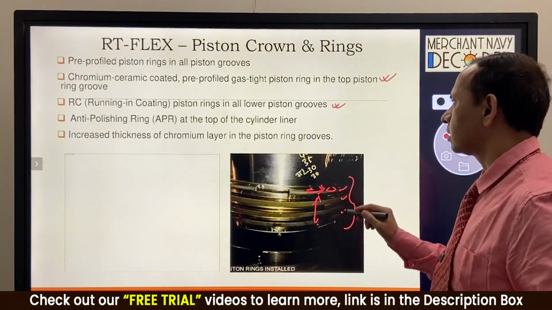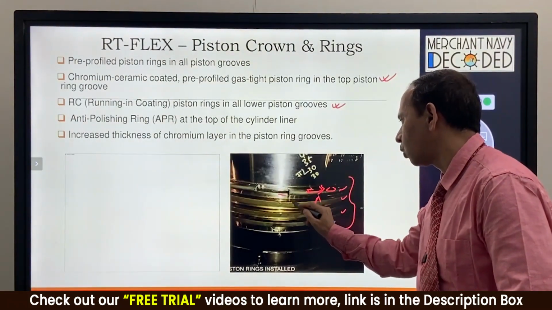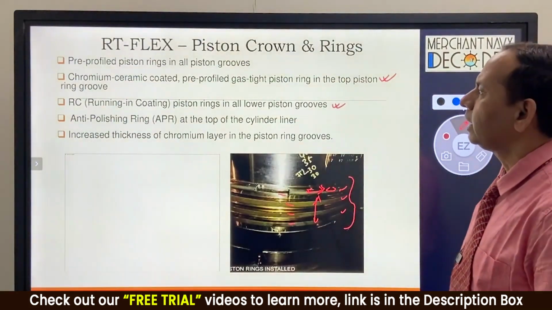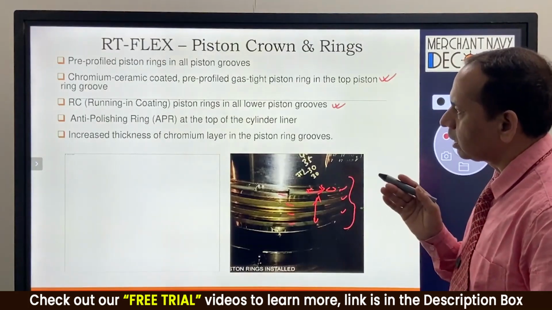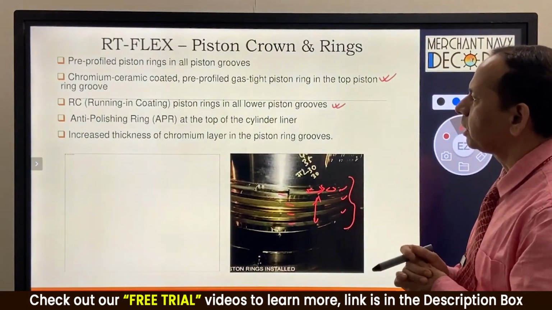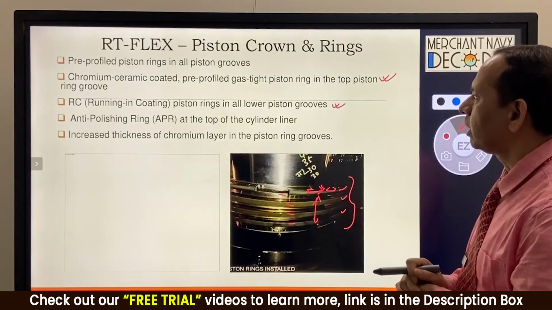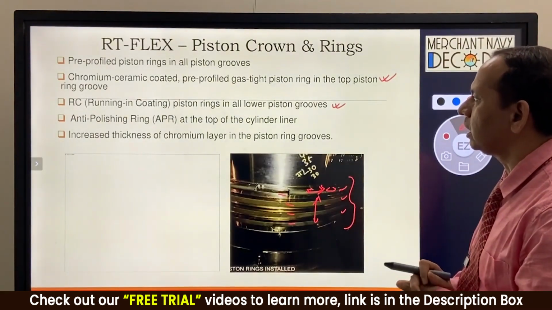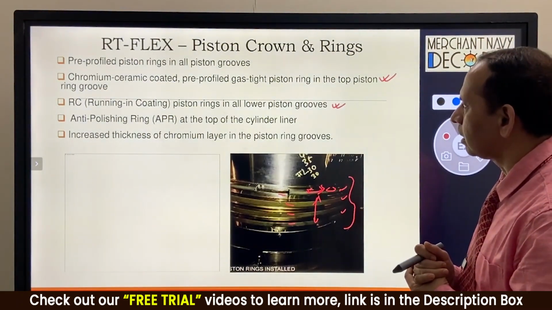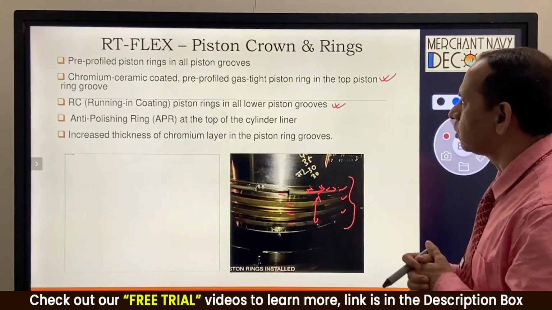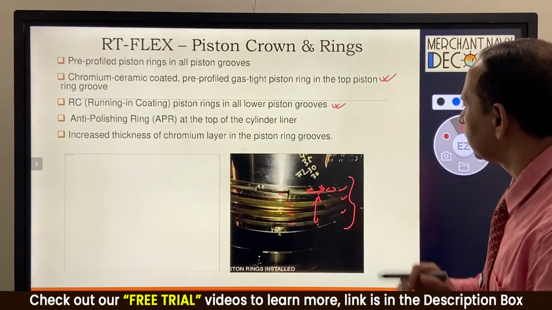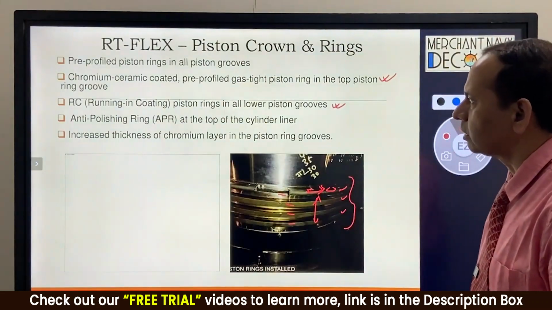So in this case they have given a special coating on top of all piston rings, which is called running-in coating, and the running-in coating is going to help the phase during which the RPM is very well controlled whenever we run this engine in the running-in phase. So this running-in coating ensures that the piston running-in is carried out in a very controlled manner, and this is going to enhance the life of the piston ring thereafter.